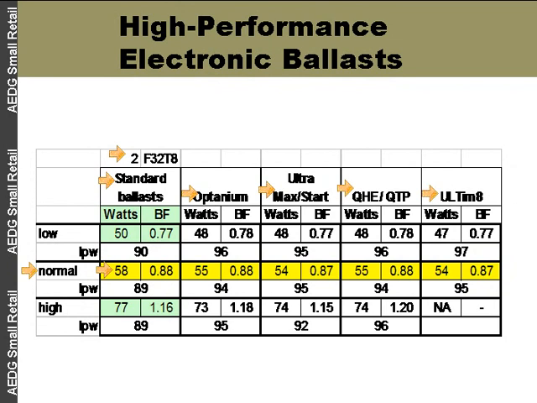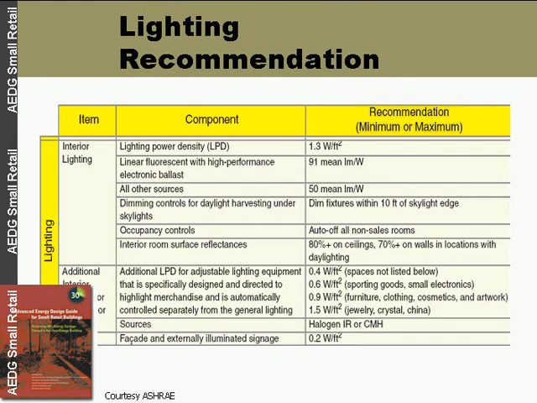The lighting recommendation table that we see here drops the lighting power density for the general lighting to 1.3 watts per square foot. We tweaked up the mean lumens per watt to 91 for your general fluorescent lighting, which is what you would typically find in most retail.